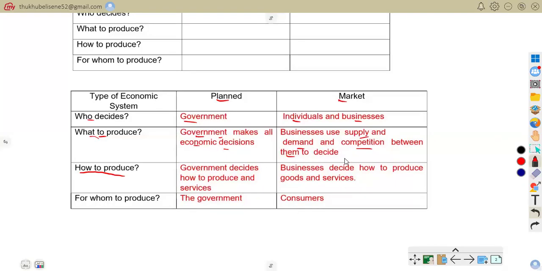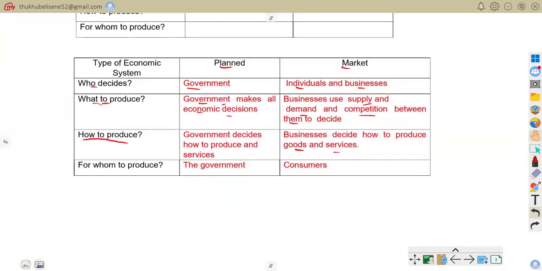Coming to the market, business decides how to produce goods and services, meaning business can choose the cheapest and most efficient method, for example using machines to reduce cost. Hope you're together.